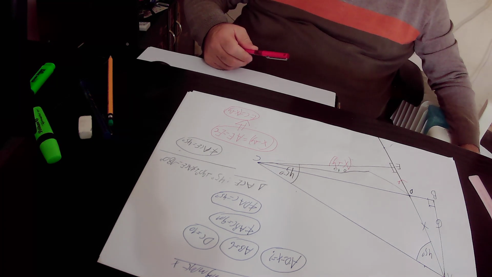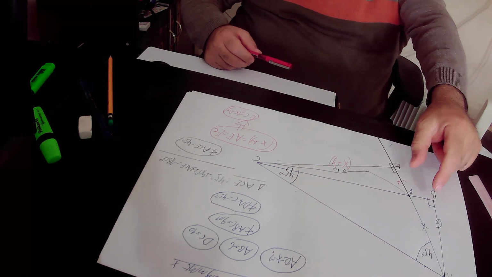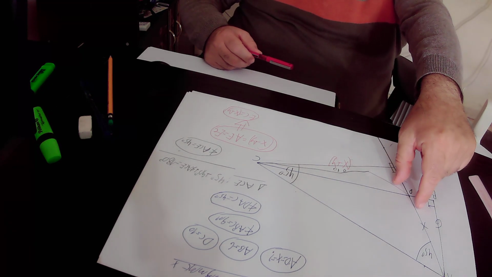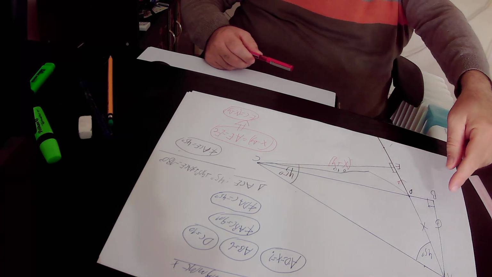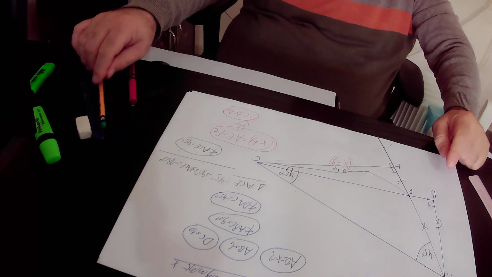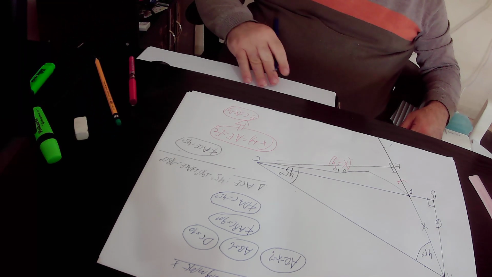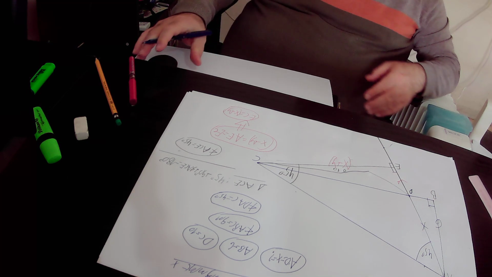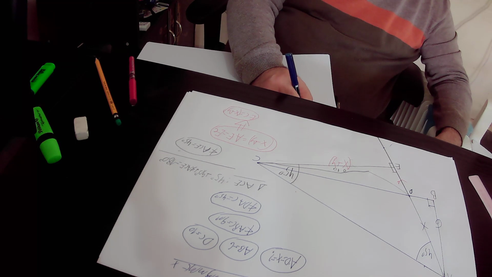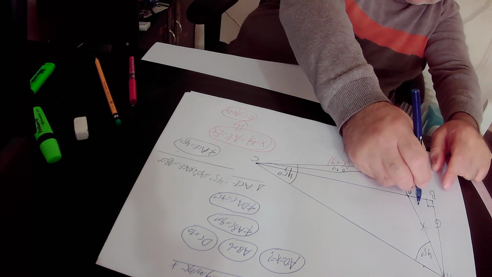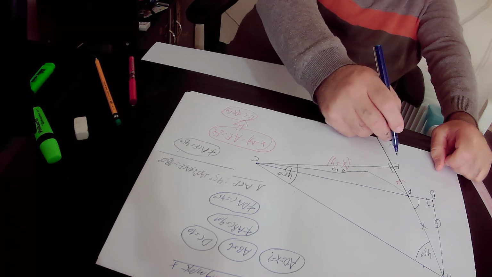And here we have vertex angles, and we know that vertex angles are equal to each other, so we can write down that angle BDA, this angle, is equal to this angle.